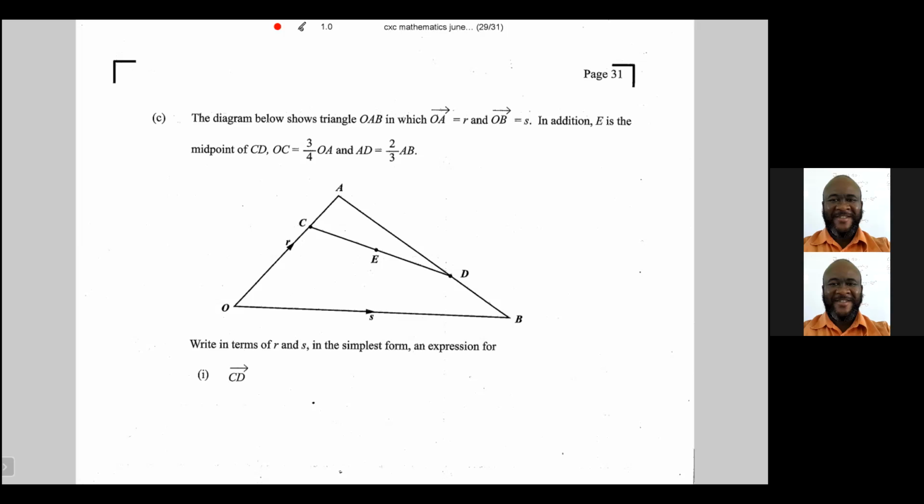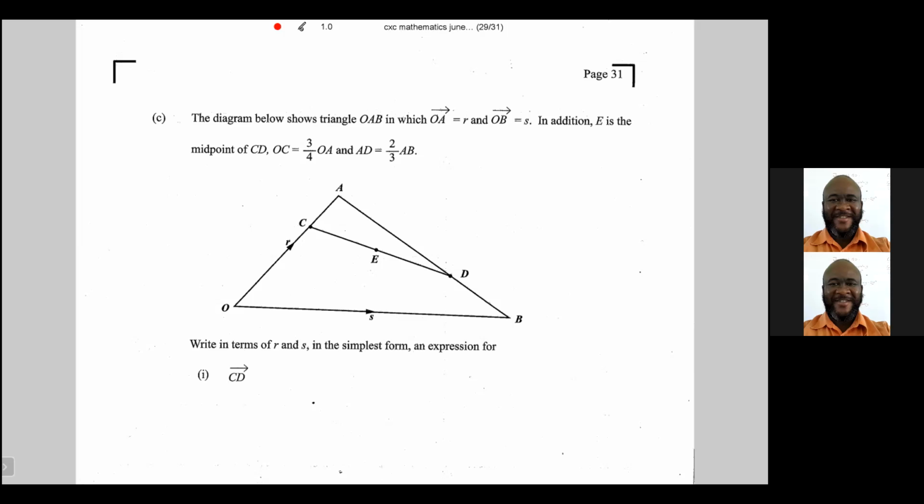In addition, E is the midpoint of CD, OC is 3/4 of OA, and AD is 2/3 of AB. We're to write, in the simplest form in terms of r and s, an expression for CD.